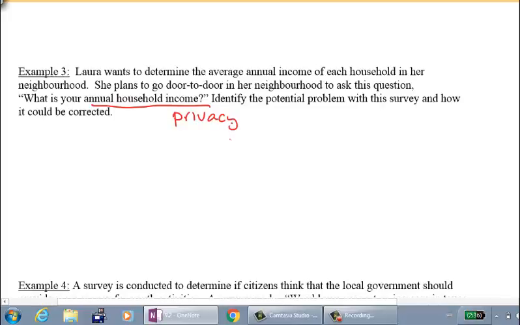Privacy is the big issue here. And so sometimes I think you do want to find out how much people make, but you can't ask specifically how much you make. One way to actually ask that type of question yet not invade people's privacy is to do the following. You can ask, what is your annual income?